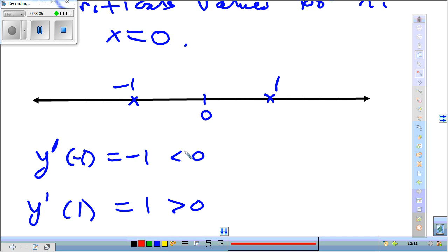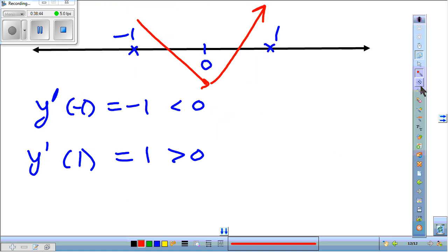So we get that it goes down, it crosses 0, it goes back up. So we do get a relative minimum.